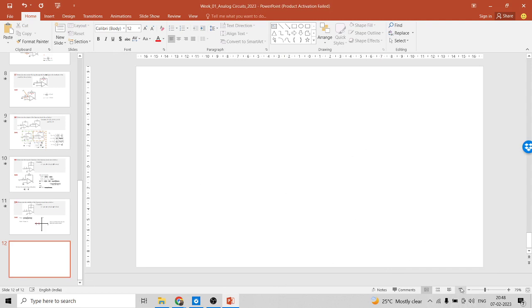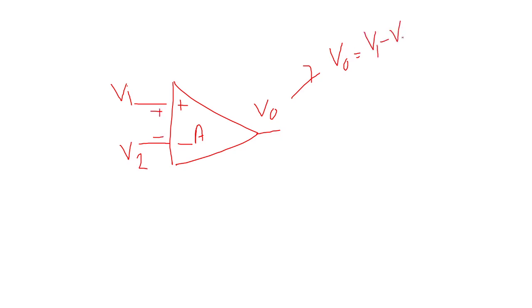If I highlight an op-amp, it has minus and plus inputs, V1 given, V2 given, and this is V out. So V0 is equal to the difference, the voltage across this, V1 minus V2, into the gain.